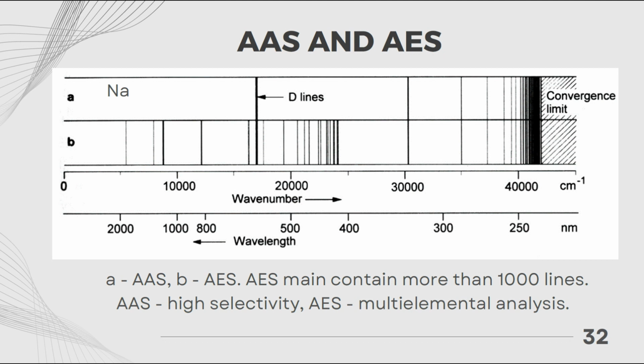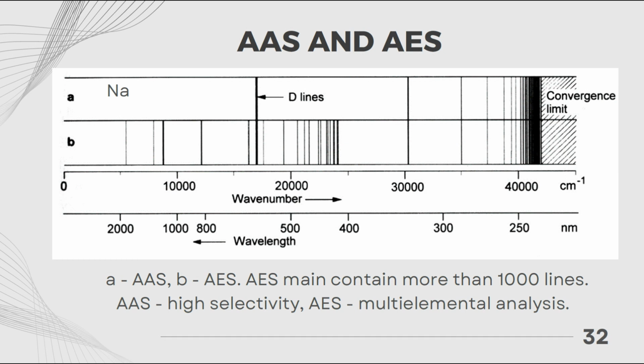When we were talking about AAS, that's about using hollow cathode lamps, so lamps for specific elements, but AES will help you to analyze multiple elements at once, because you have lots of levels, lots of different lines, and it's much easier to analyze elements because you have more lines to follow for various elements. Okay, so that's everything I wanted to tell you so far.